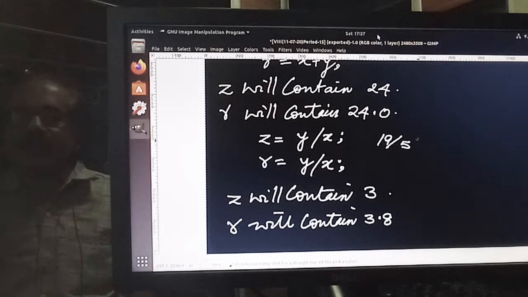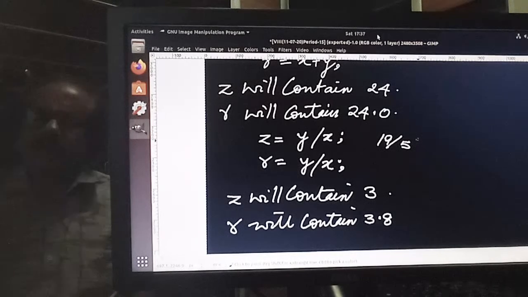Similarly, other arithmetic operators are also working. In this, addition, subtraction, multiplication, and division are operated. So these are the arithmetic operators that can be used according to your requirement.